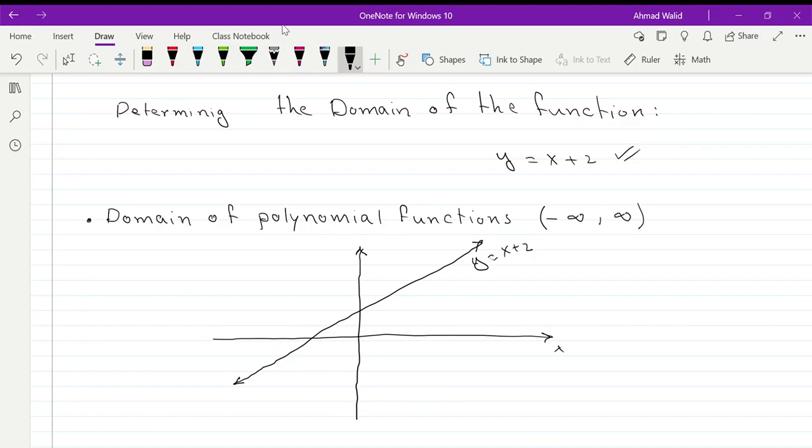Do you see these arrows that I draw in the two sides of this line? It means this line goes this side and never stops, continues going, and on this side continues going. Look, here for example, when x was negative 1, y was 1, right? When x was 1, y was 3. Now, if you add more and more values of x, you get more values for y.